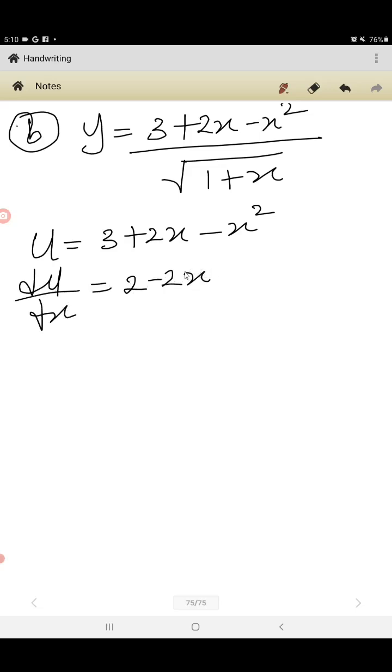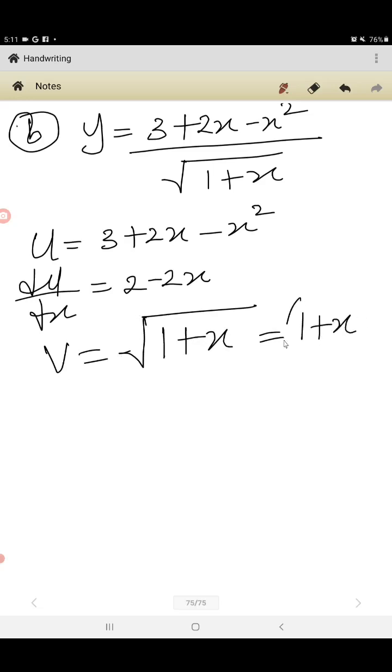We all know that is the derivative of 2x minus s squared. So therefore let's differentiate v now. Our v is equal to root 1 plus x, which is 1 plus x all raised to power half.